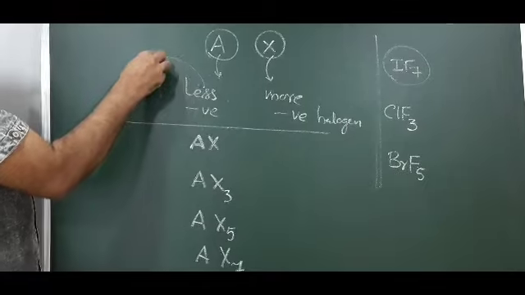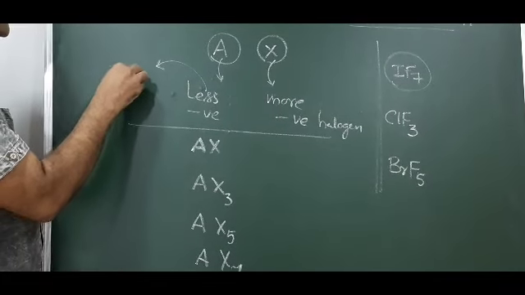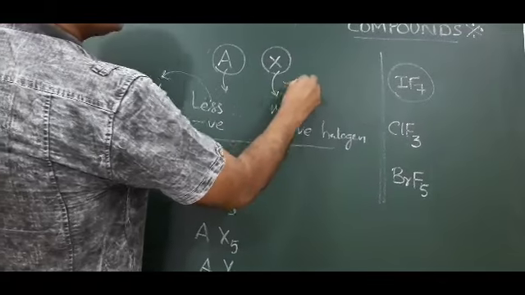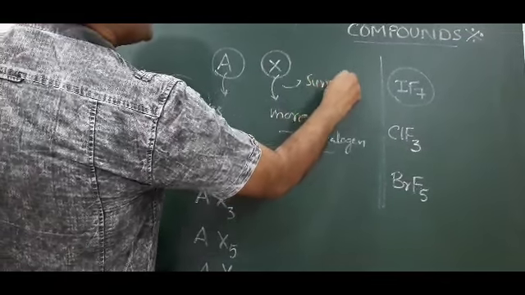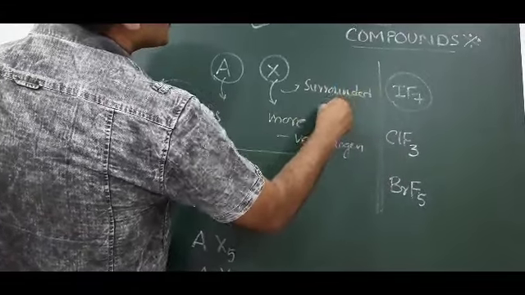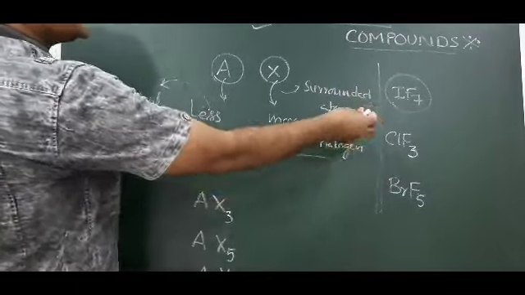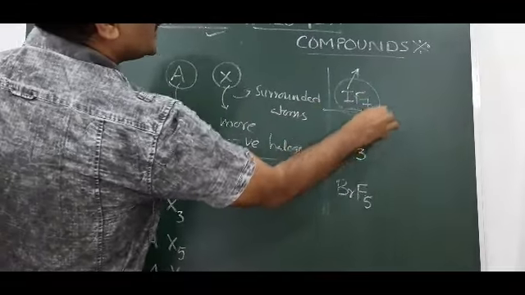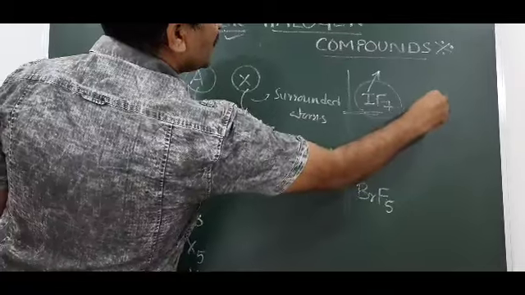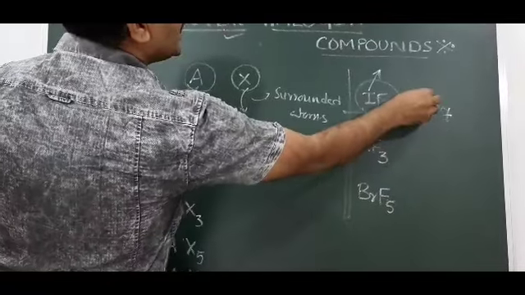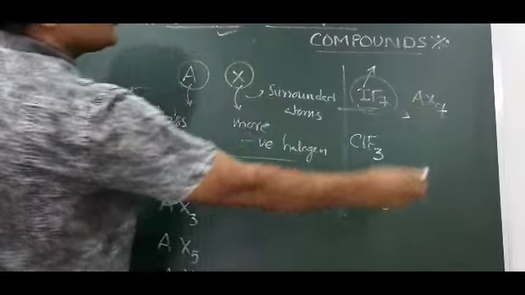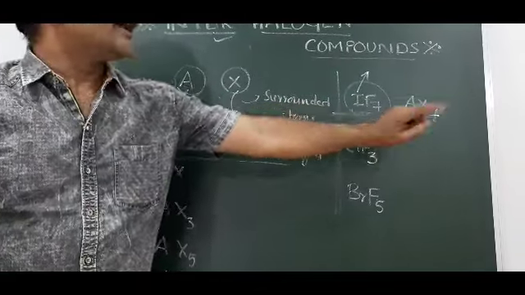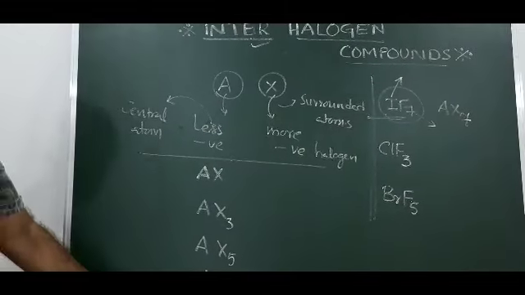In other words, the less electronegative halogen is the central atom of the molecule, and the more electronegative halogen atoms are the surrounding atoms. For example, in IF7, iodine is less electronegative and fluorine is more electronegative. This is simply represented as AX7. A is less electronegative, X is more electronegative; A is the central atom and X is the surrounding atom. So this is the way of classification.